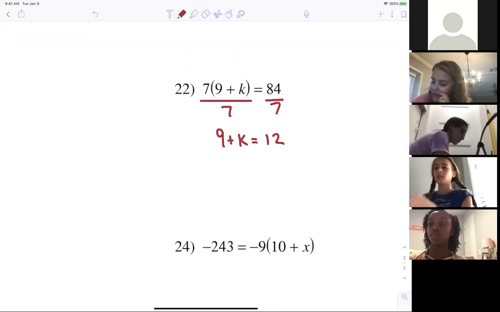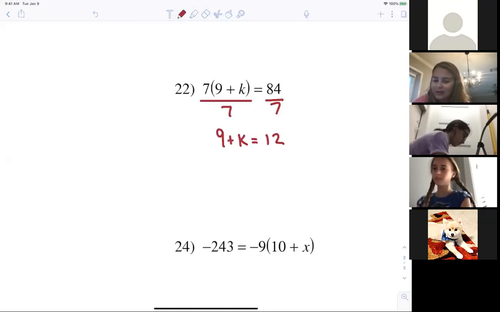And then subtract 9, right? That is exactly correct. Very good. So is k equal to 3? Yep. I think I did minus 12 on each side by accident. Thank you. You're very welcome.